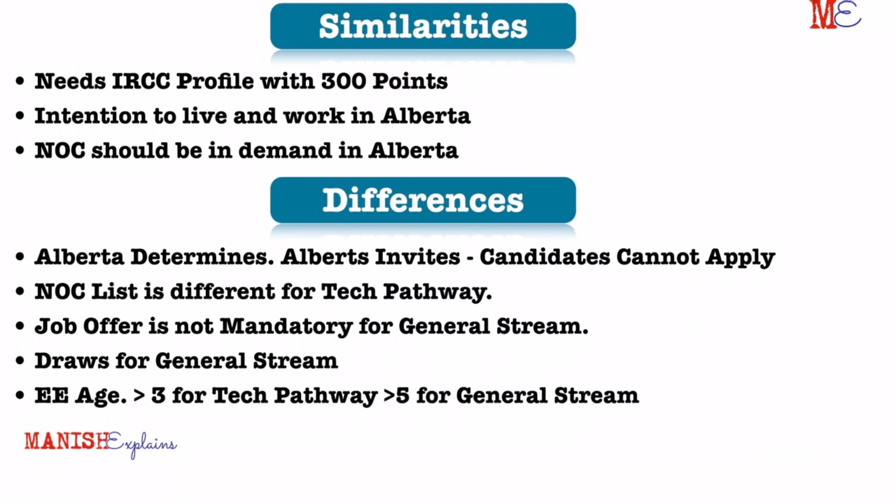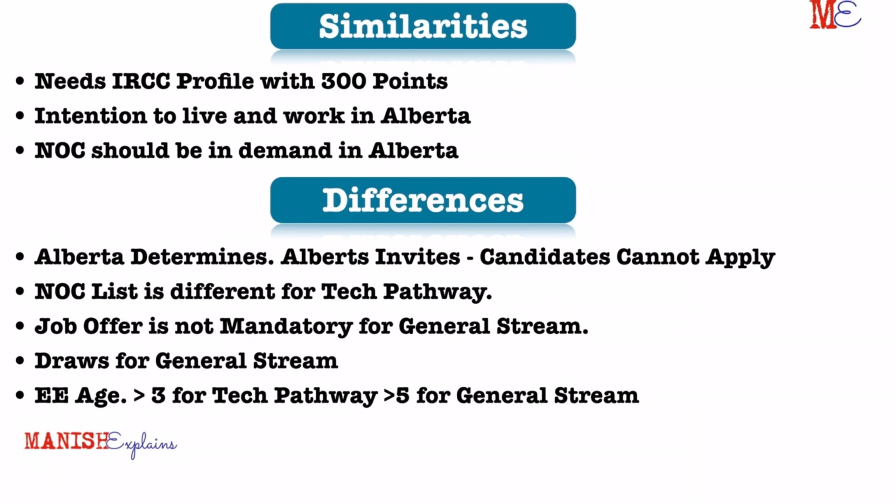So for example, you have an IRCC profile with more than 300 points, and you are working somewhere in Canada, or you might be working outside Canada. You don't have a job offer, but your NOC somehow is in demand in Alberta. If you have already created a profile with all your education and language assessments, it's possible Alberta can still invite you based on your NOC and your intentions, if you have expressed your intention to live and work in Alberta.